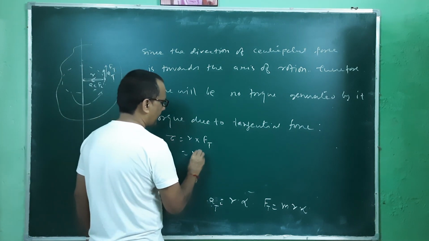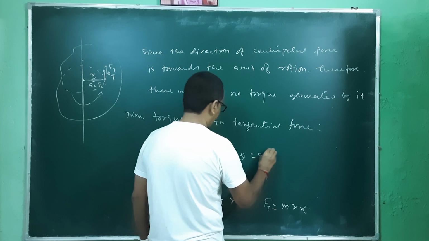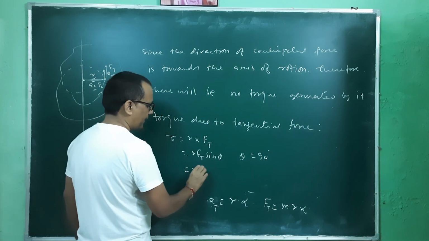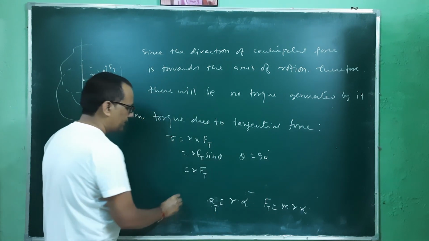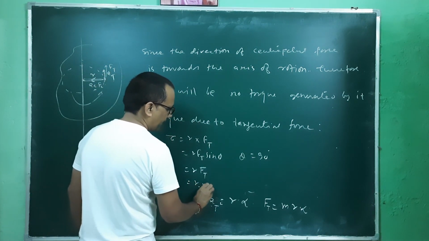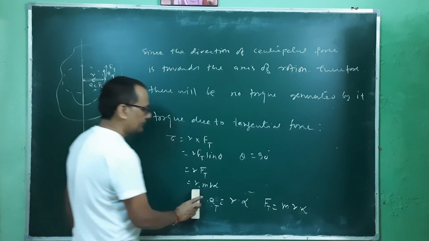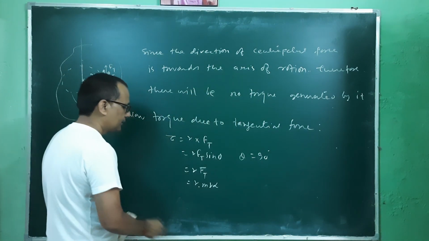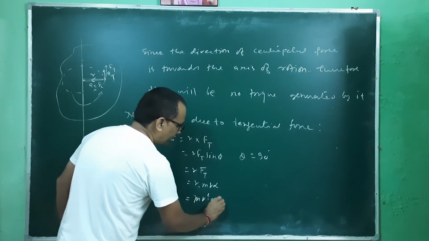This is R FT sin theta, and here theta is 90 degrees. So this is R FT, and this FT is here m R alpha. So this is R multiplied by m R alpha, and this is equal to m R square alpha.